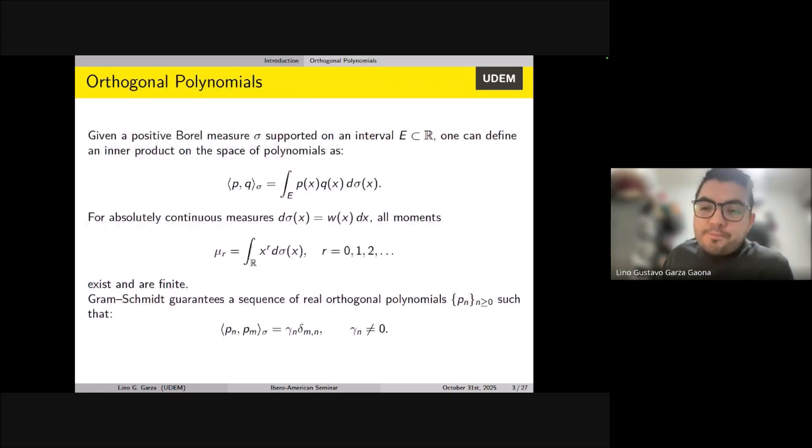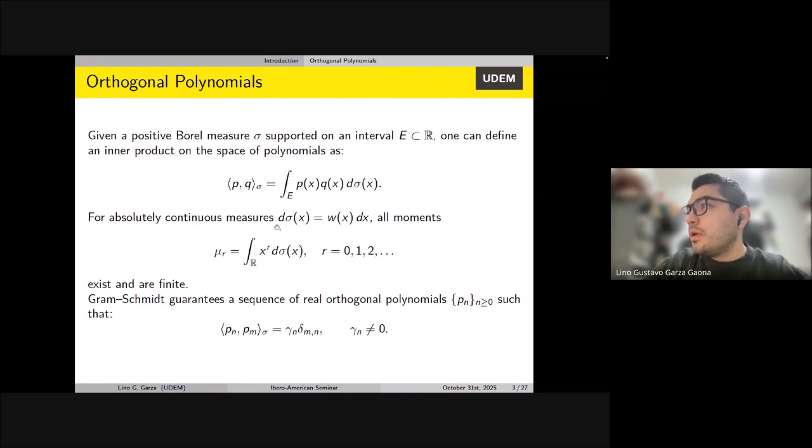Well, this is the standard theory of orthogonal polynomials. We consider a Borel measure on some real interval, and we can define this inner product.